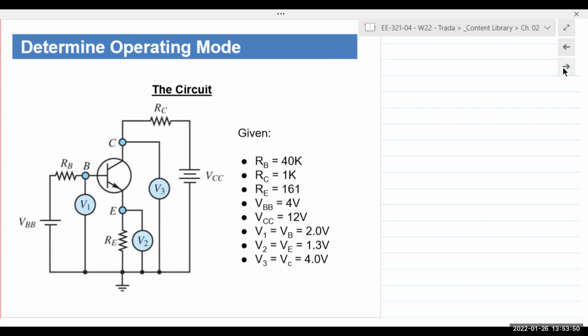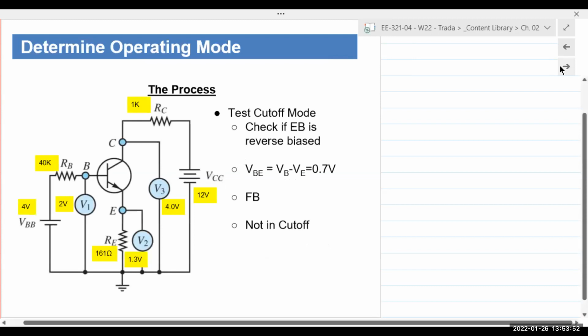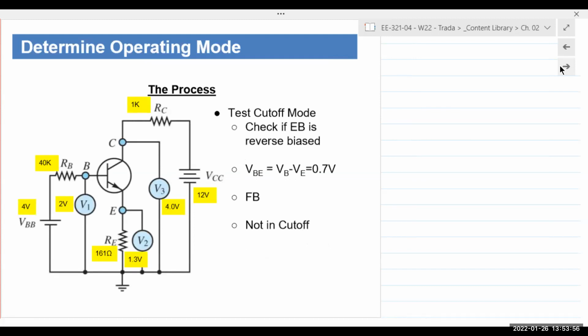But when you're analyzing a circuit like this, you obtain certain voltages. We measure the voltage at the base, measure the voltage at the emitter, the collector, and we check the voltages in relation to each other. First thing to check, if you want to check emitter base junction, well, what is the emitter voltage right here? 1.3. Base voltage is 2.